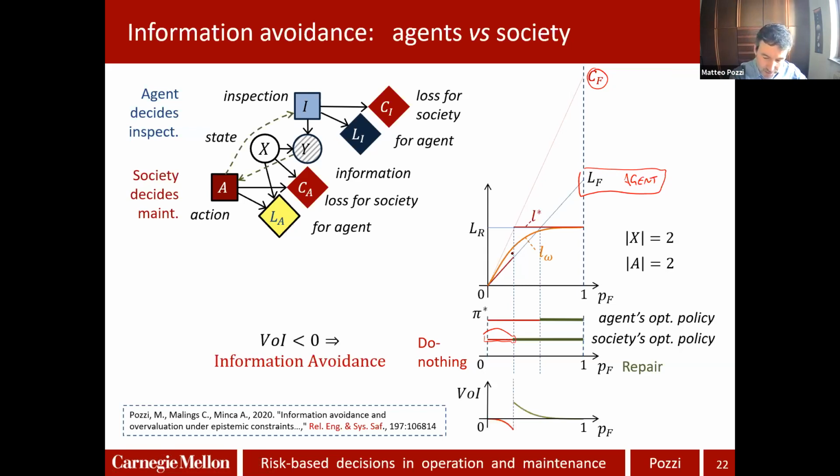Now you can see that, for example, here, the posterior loss function is higher than the prior one. And that means that you have a negative value of information. So you prefer not to know, in the sense that even in the expected sense, if you install the monitoring system, your loss is going up, and so you're losing utility. While, of course, the unconstrained value of information, as before, is guaranteed to be non-negative.